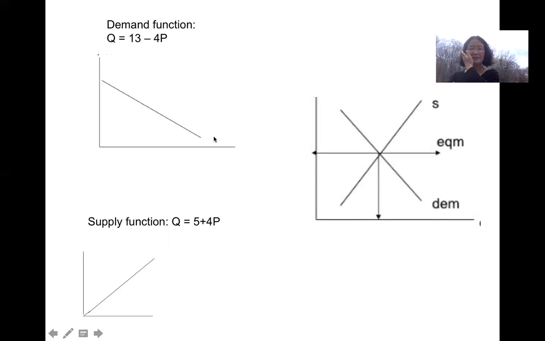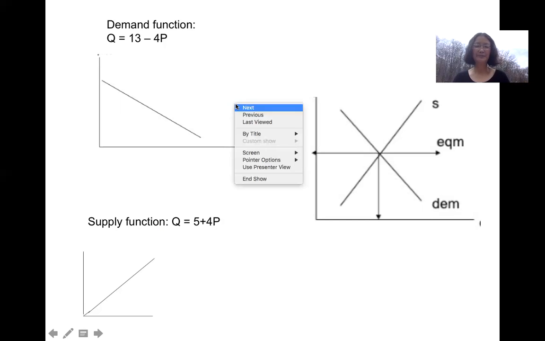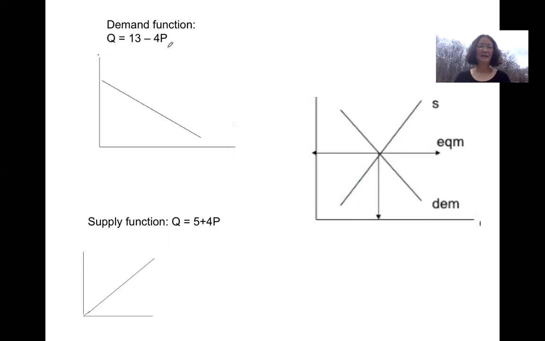All right, so next, let's look at the demand function and the supply function in economics. The demand function is from, for example, the consumer side, and we use the x-axis to represent the quantity demanded, and the y-axis is the price.